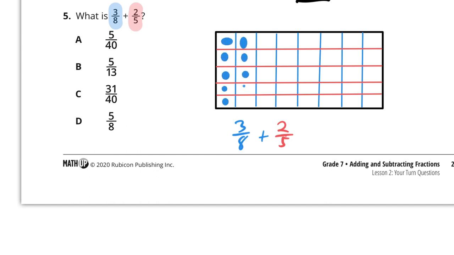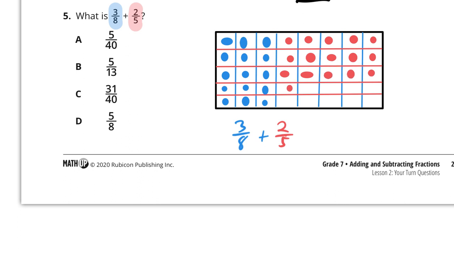There's 1/8, 2/8, 3/8. And now we've got to fill 2 of these rows. One row looks like this, and 2 rows looks like this. All right. Next, we just need to move some of these red circles out of the way so that they're not sharing a room.